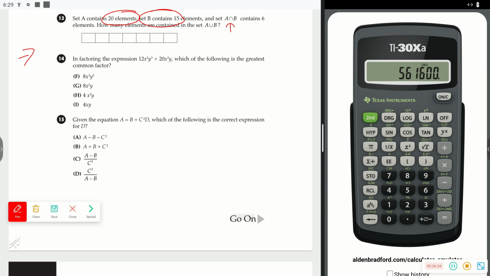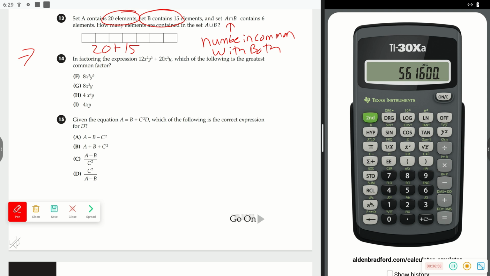So this is actually the number in common with both. So in this case, the first one has 20, and the second set had 15, and the set contains 6 elements.